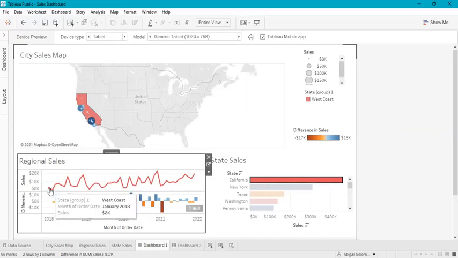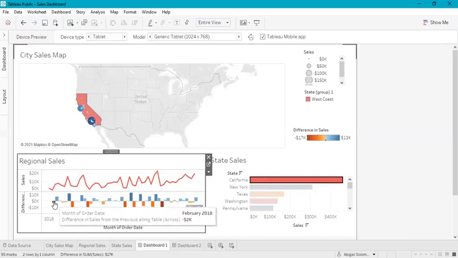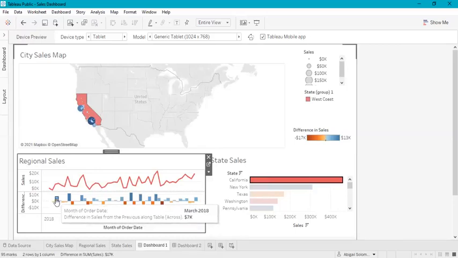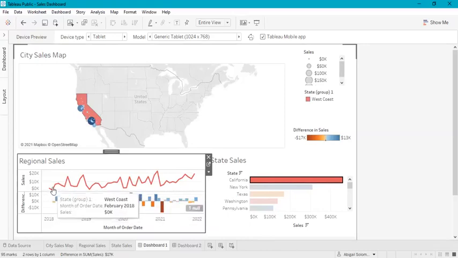In January they had $2,000 in profit, and then in February they had no profit at all, which is indicated here. A loss in February, and then in March they had 7K. It increased, we can see by the line that it increased.